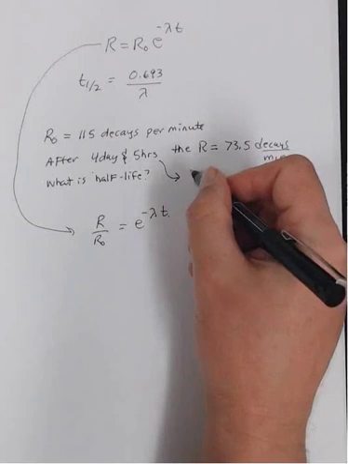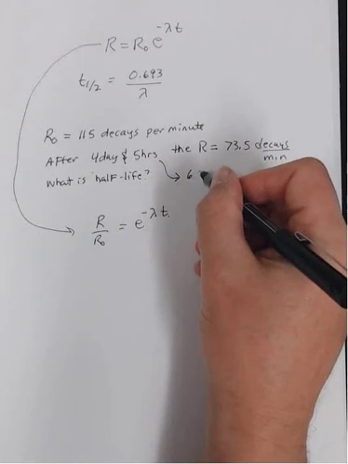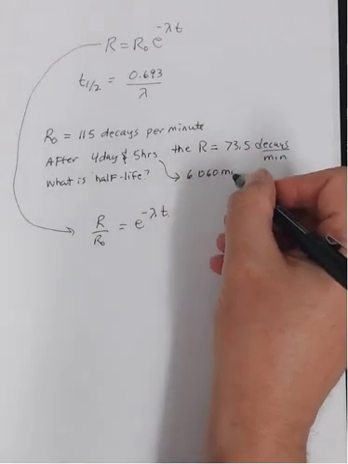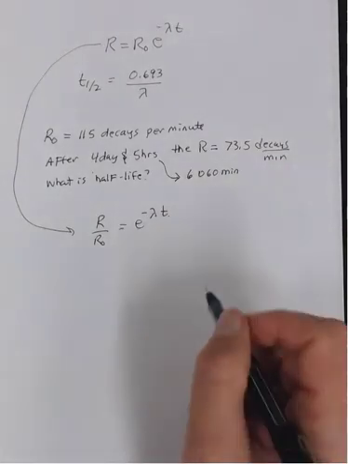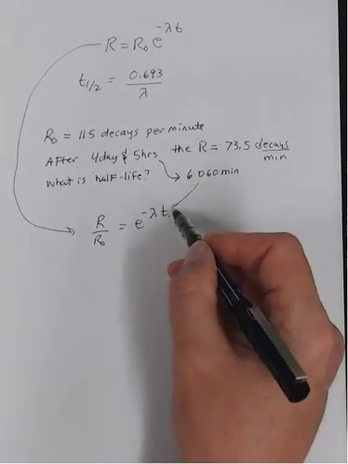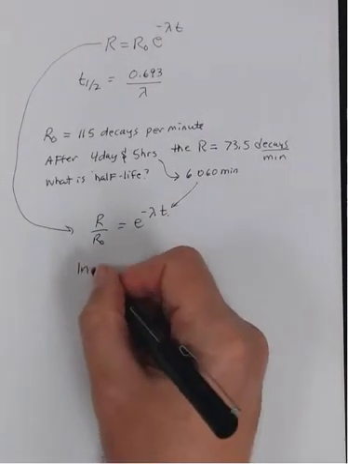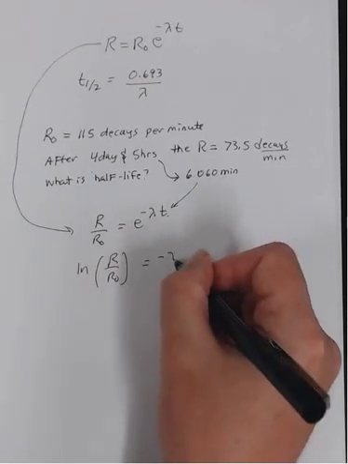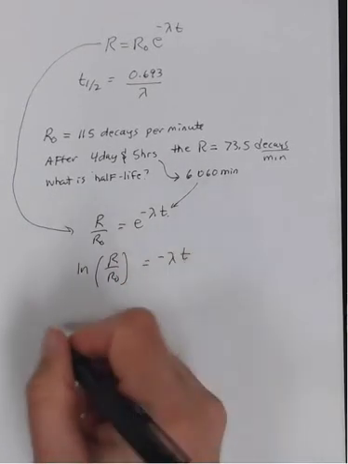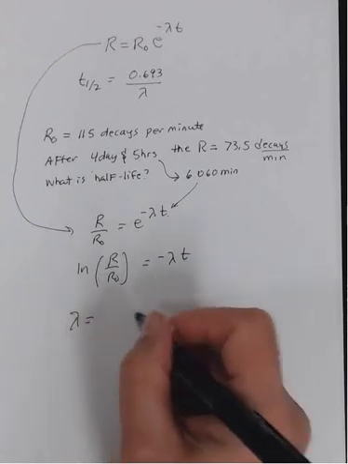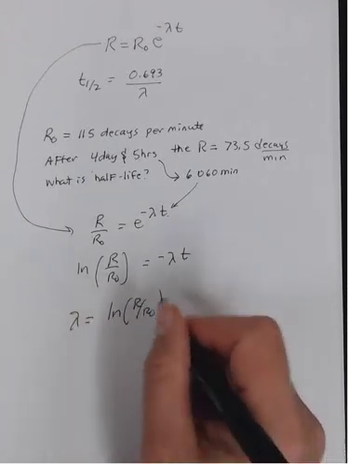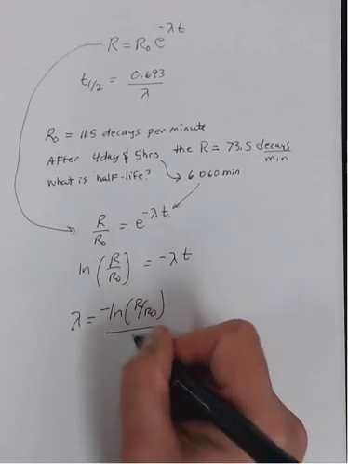I've already done that: 6,060 minutes. Take the natural log of R over R naught. That's going to be negative lambda times my time. So lambda is going to be the natural log of R over R naught, divided by that time, with a minus sign.